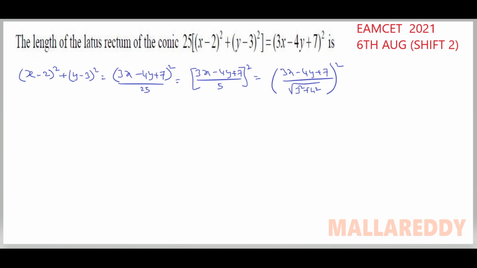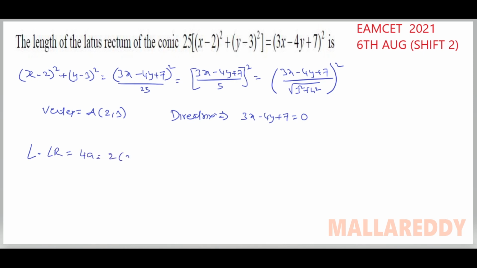SP square is equal to PM square. Now here the vertex is A, 2 comma 3, and the directrix is 3x minus 4y plus 7 is equal to 0. Now we find the length of the latus rectum, which is equal to 4a.